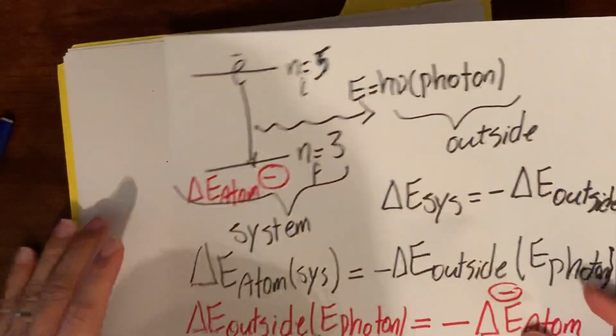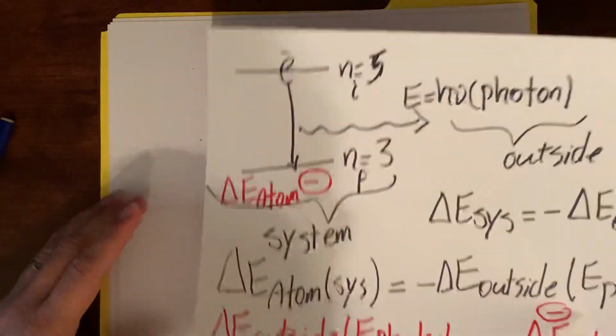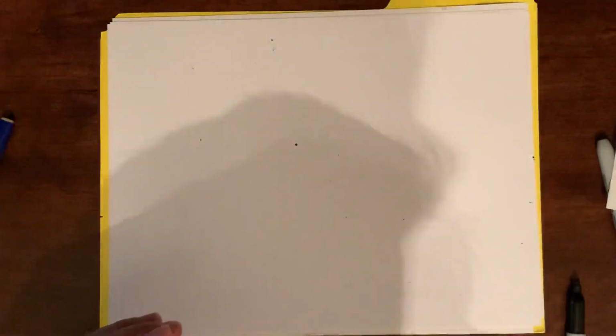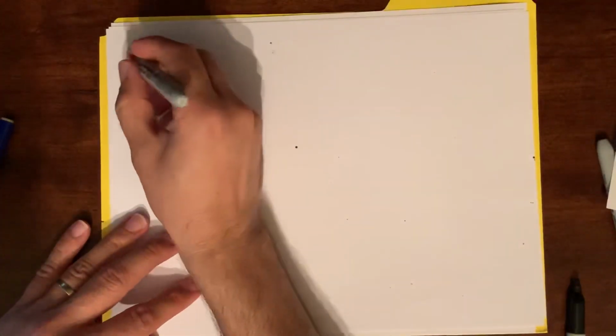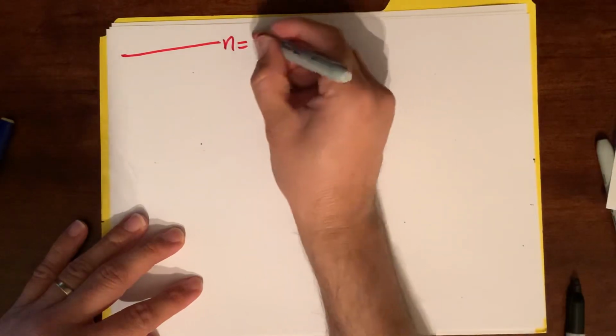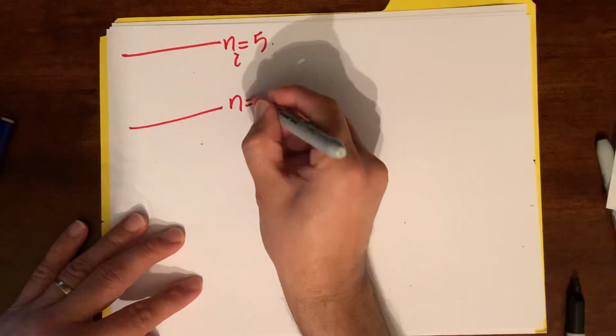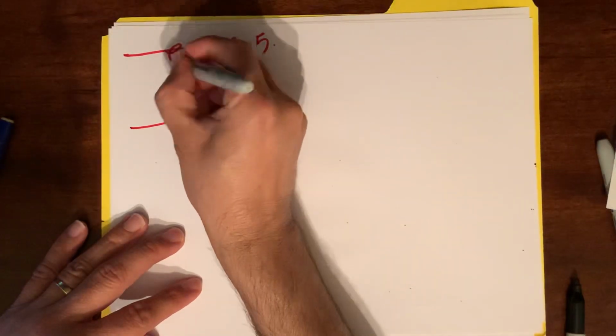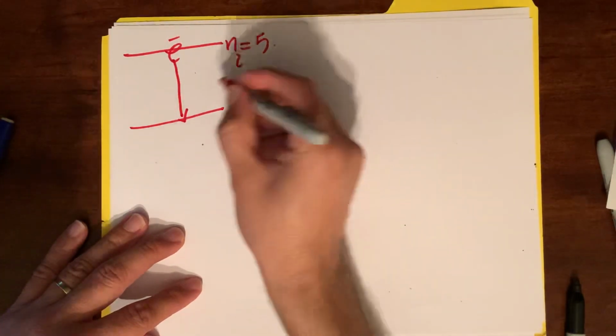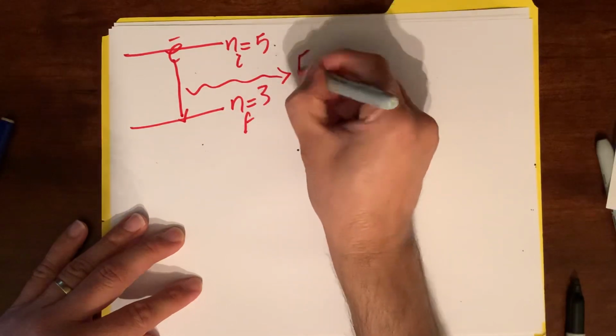Okay. Let's practice one question about it, and then you will see how to use this fact. Okay. And I go with this. N equal 5, and I shoot it down to n equal 3. It will give us energy.